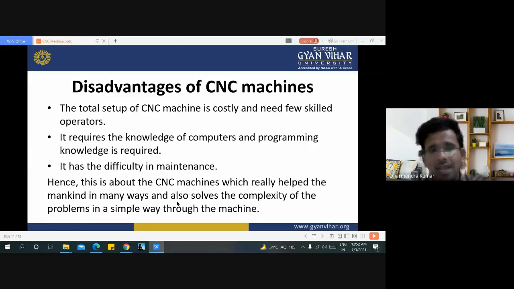Then surely we have to pay much more salary than for normal or unskilled operators. It requires knowledge of computers, and programming knowledge is required. The skilled operator we hire must know computers and the programming of the CNC machine. It also has difficulty in maintenance.